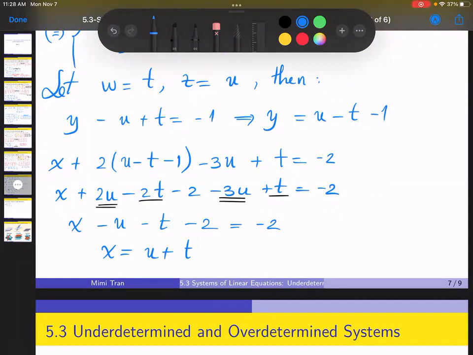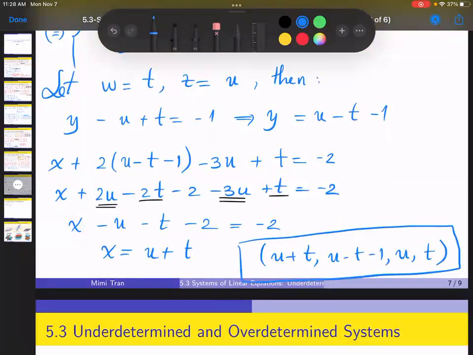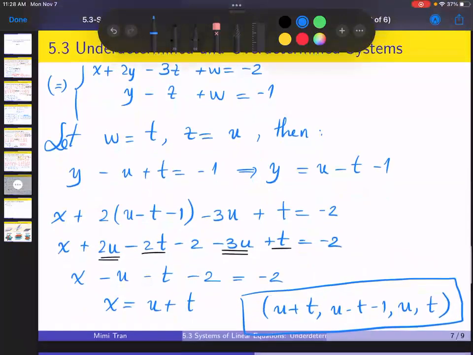So here we have two free variables. Your final solution will be U plus T as your X component. Your Y component is U minus T minus 1. Your Z component is U. W component is T. The bottom line here is you know how to solve this, so it's not what I'm focusing on.